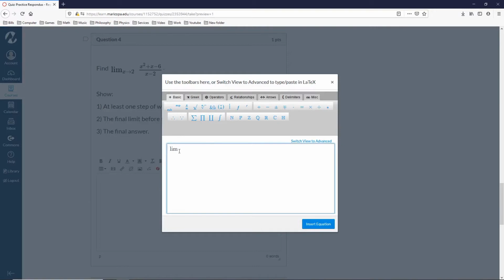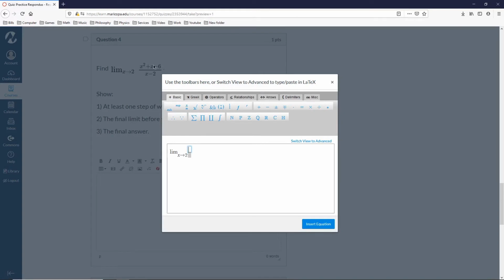And you can't get anything under the limit, so the best we can do here is use the subscript. And under arrows is where you can find the arrow. And basic is where all the most used stuff is, like the subscript and superscript and the ratio here.